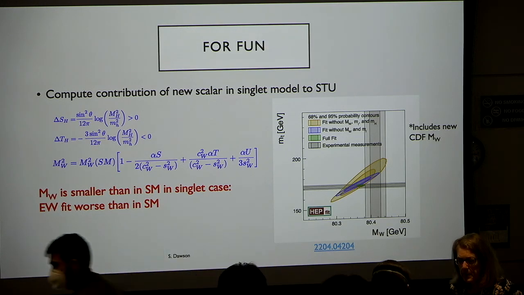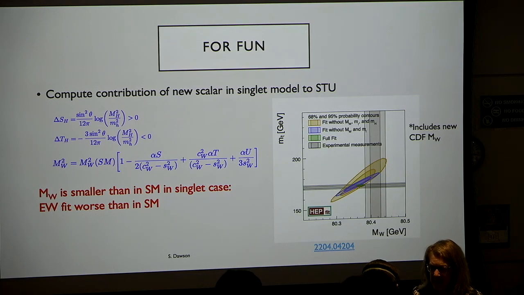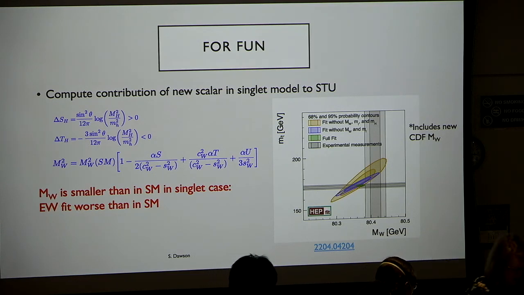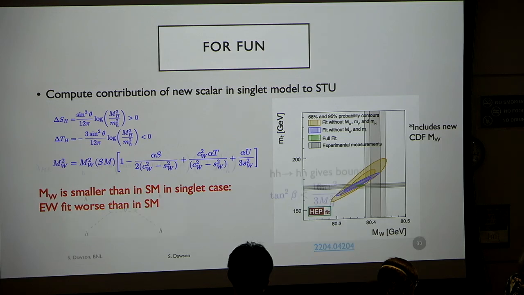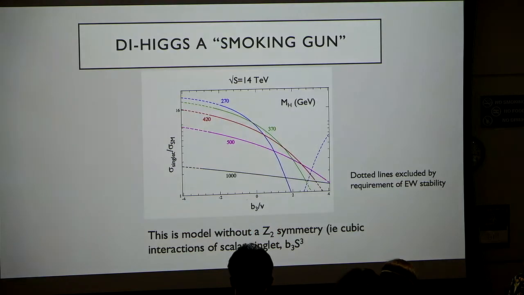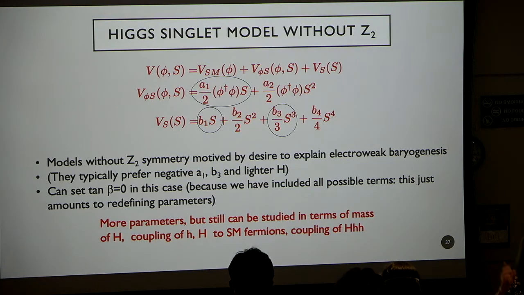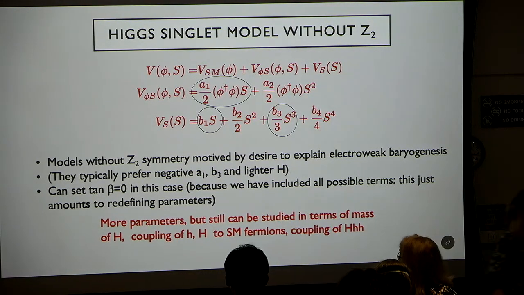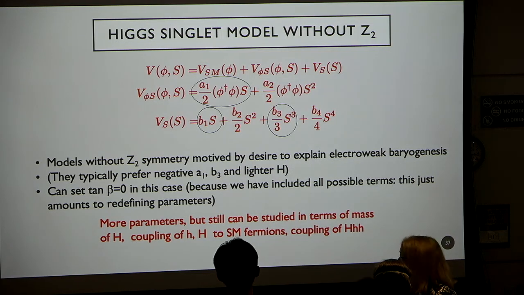I was curious, when you're talking about the scalar singlet without the Z2, you're saying the motivation was electroweak baryogenesis? Or because it increased baryogenesis? No, without the Z2, it's just a nice portal model. Because somewhere on the slide it was saying baryogenesis. Did I say baryogenesis? I mean, you can get an electroweak phase transition without the Z2. Did I say something wrong? Motivated by desire, and typically prefer negative A1, B3 in the lighter Higgs.